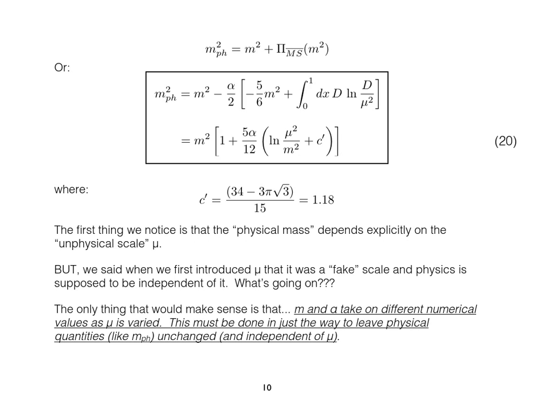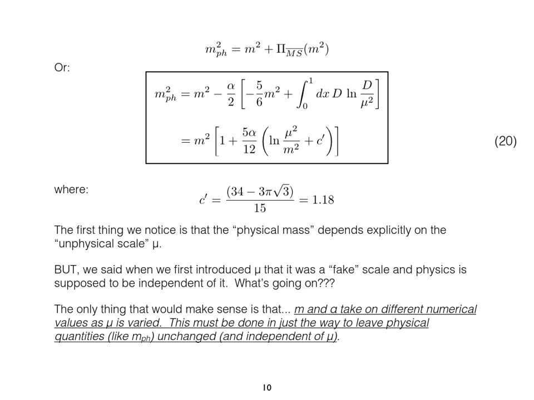The only way that would be true as we vary mu is if m, the bare Lagrangian parameter, and alpha take on different numerical values. You need those to counterbalance the change in mu, so that when you vary mu, everything on the right-hand side doesn't depend on mu. Does that make sense?